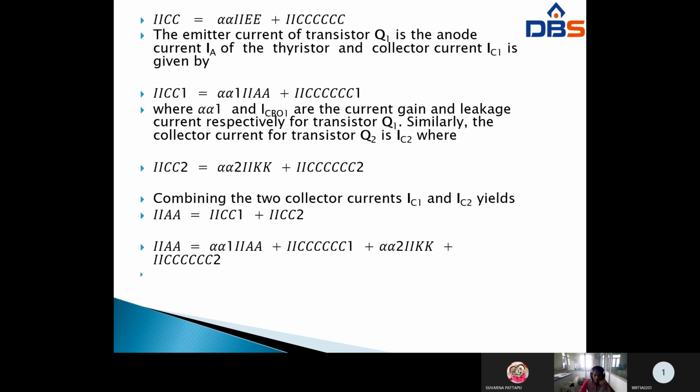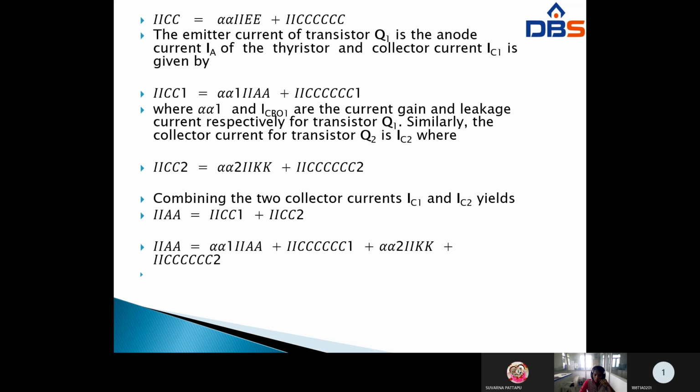Okay. So alpha1 and ICBO1 are the current gain and leakage current respectively for transistor Q1. Similarly, the collector current of transistor Q2 is IC2, where IC2 equals alpha2 into IK plus ICBO2. Combining the two collector currents IC1 plus IC2, the anode current equals IC1 plus IC2.